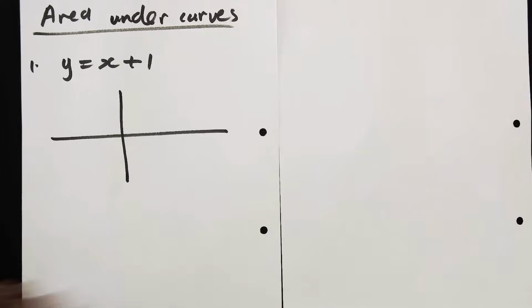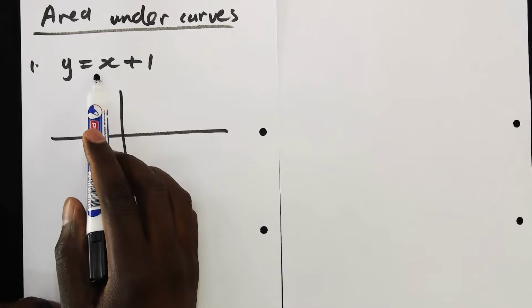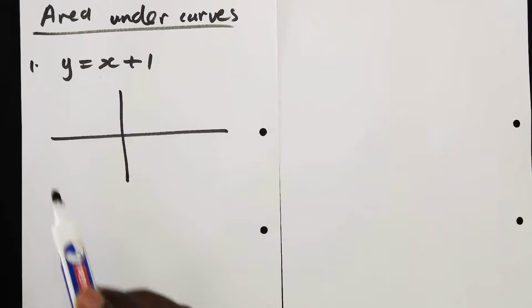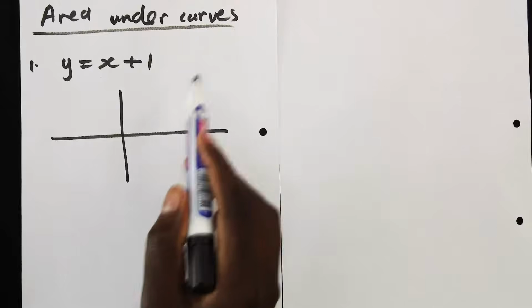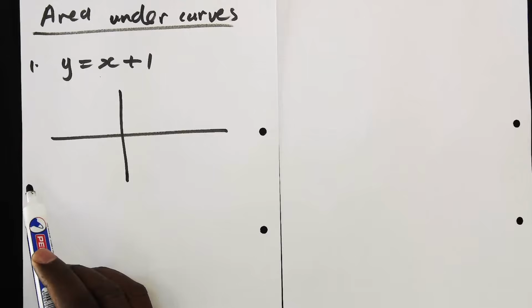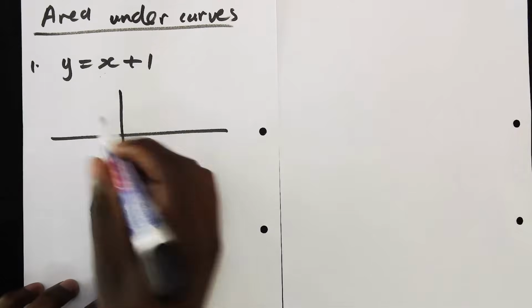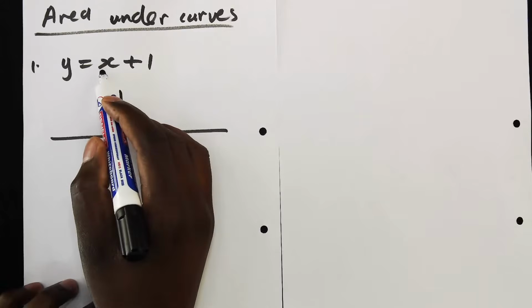Without wasting time, you can use the intercept method to plot this graph. The coefficient of x is the gradient and is positive, so the graph must have an acute angle. If it was negative, it must have an obtuse angle. Let x equal 0.